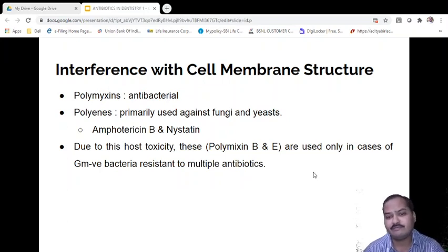In the case of amphotericin B, primarily we can use topical application, lozenges, or any locally applied medicine before going for systemic treatment, because we estimate that systemic treatment will give us more and more toxic effects.